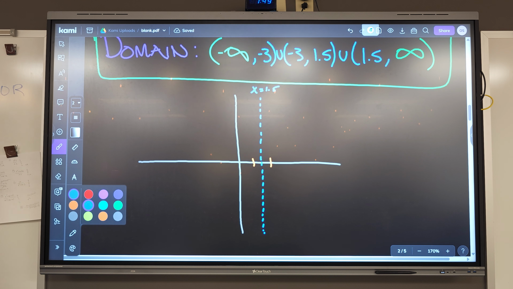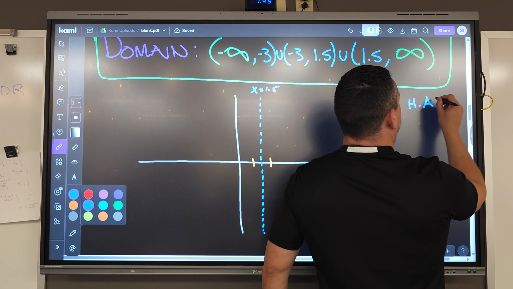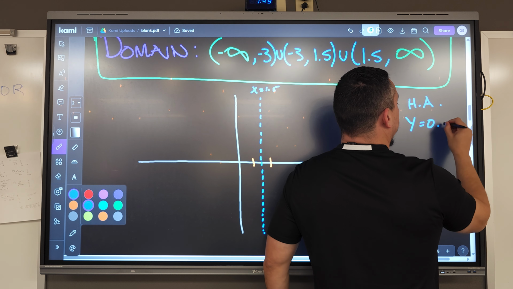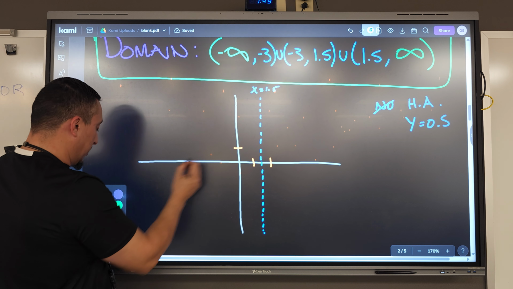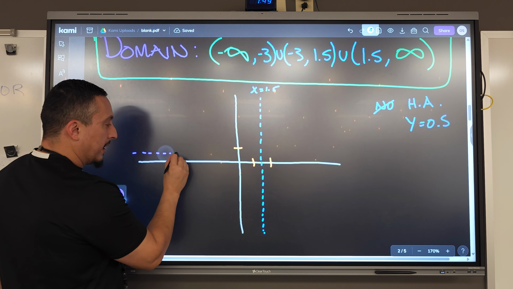Do we have x-intercepts? The HA is 0.5? Okay, HA equals y equals 0.5. I don't know because I have to scroll up to see. It is 0.5? Yeah, okay. So not between 0 and 1, I have a HA.